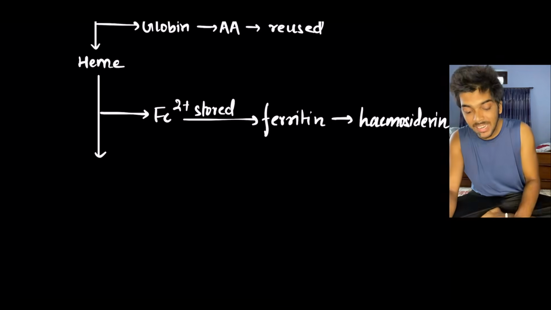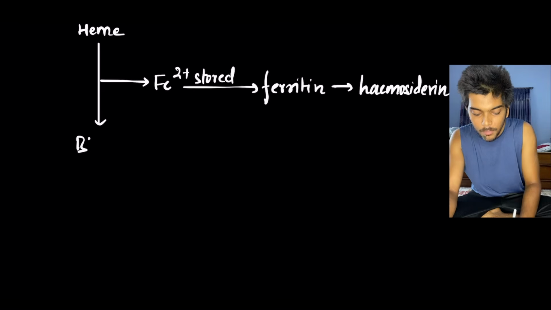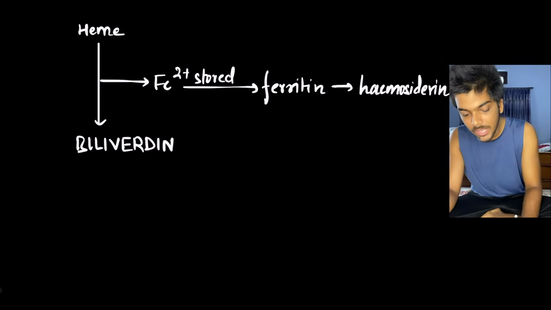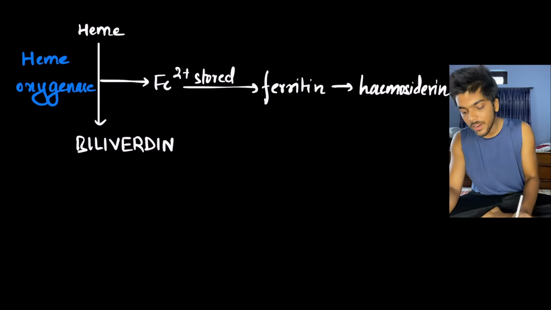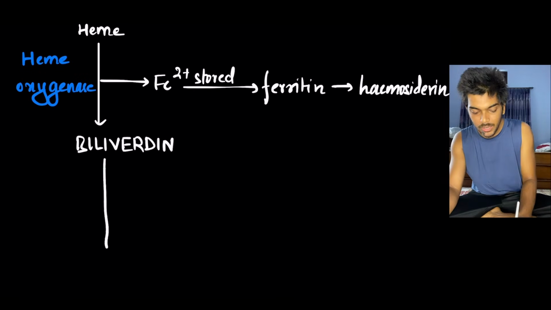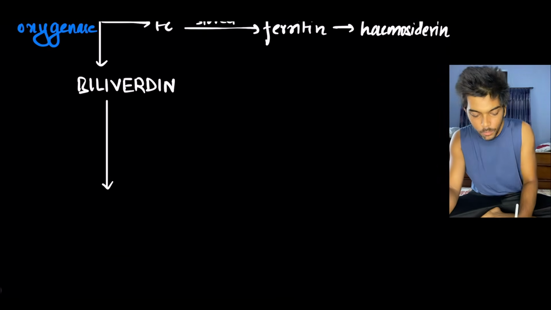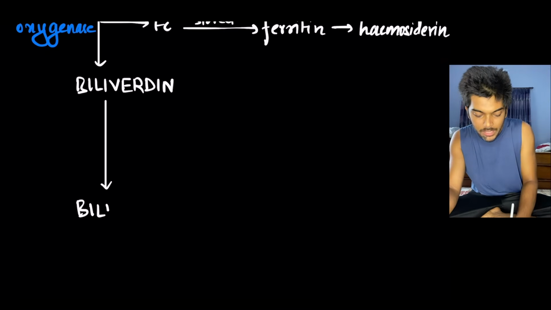The porphyrin ring gets degraded into biliverdin. The degradation of the porphyrin ring into biliverdin, or the heme into biliverdin, takes place with the help of the enzyme hemoxygenase. Biliverdin is then reduced to bilirubin.